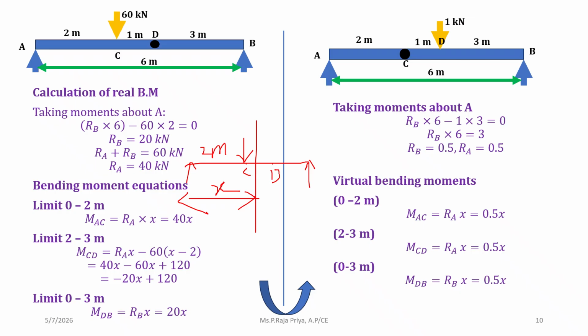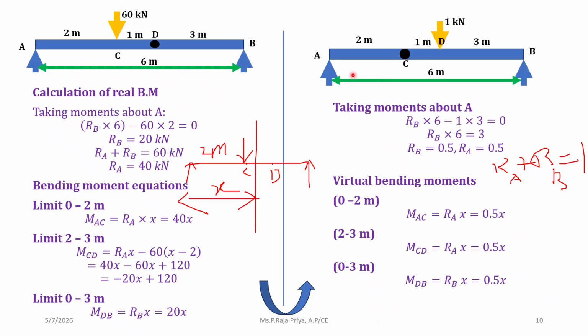RA plus RB will be equal to 1. Since RB is 0.5, RA will also be 0.5.